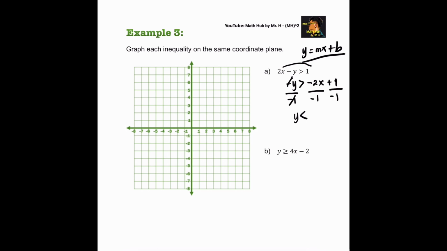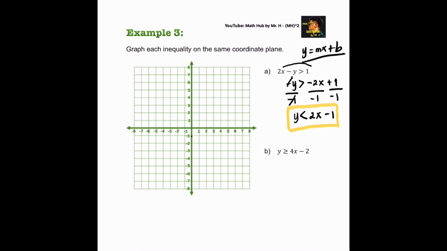Then we carry on simplifying. So -2 divided by -1 is +2. So that's +2x. It's going to be -1. All right, so this is what we will be following. So let's graph that. All right, so the first point that we need to plot is -1. So -1 is here.